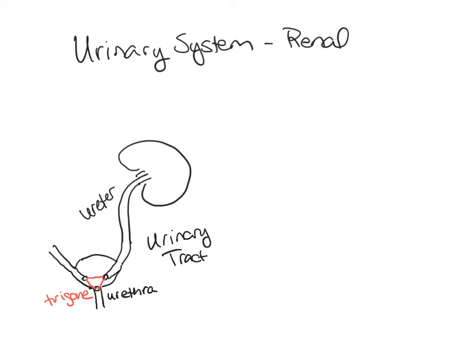Okay, so what are some functions of the urinary system? So first of all, the kidneys are such a huge important part of homeostasis in your body. They function to regulate blood volume. So they're going to keep your blood volume where it's supposed to be, and since they're keeping the blood volume where it's supposed to be, it also regulates blood pressure, because blood volume has a lot to do with blood pressure.